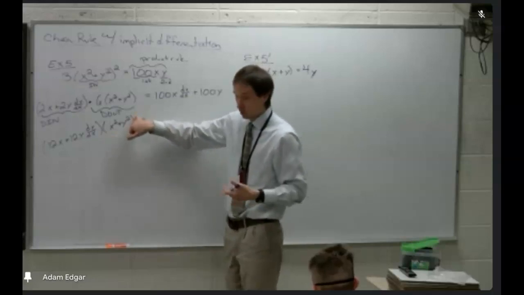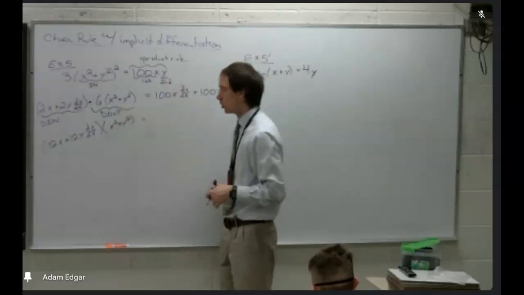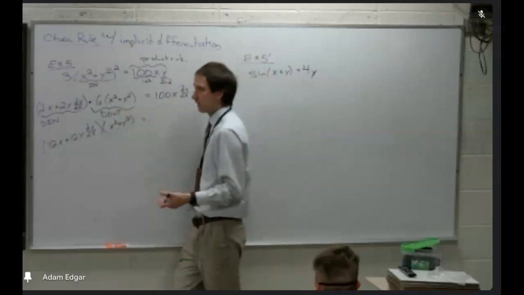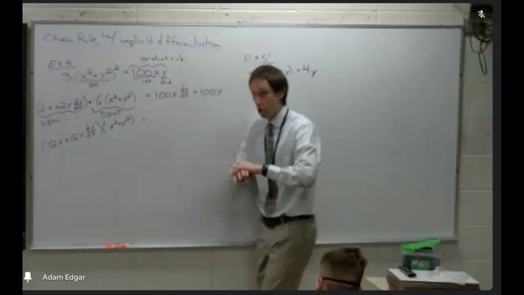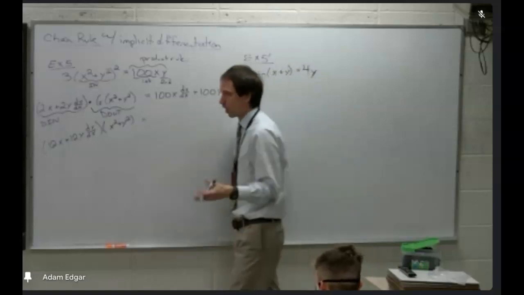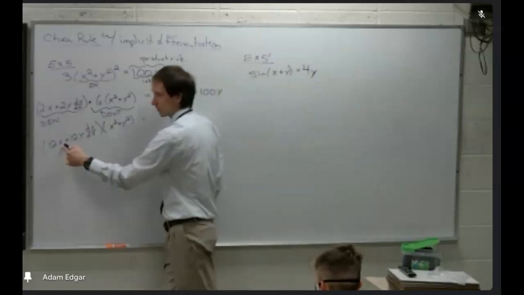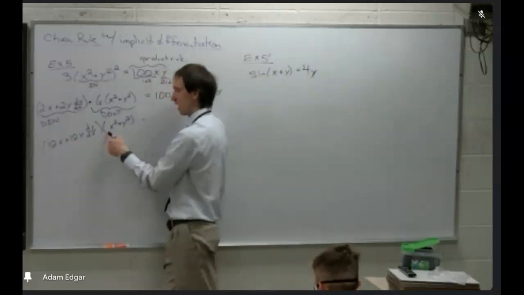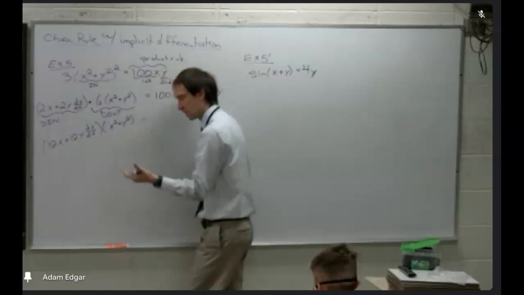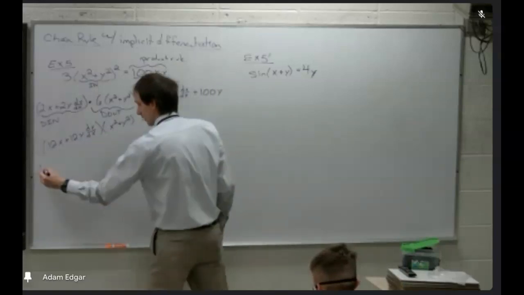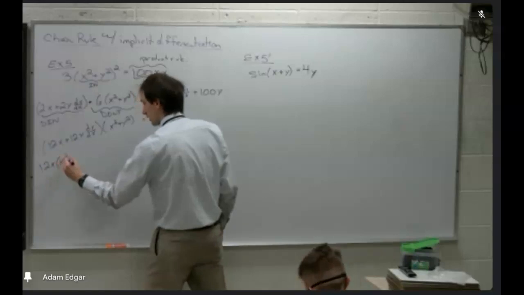You don't want to distribute that out, right? So we've got to come up with a better way to distribute this out without going all the way on it. So what I'm going to do is take the 12x and distribute the 12x to the entire x squared plus y squared. And what I mean by that is I'm going to have 12x times the quantity x squared plus y squared.